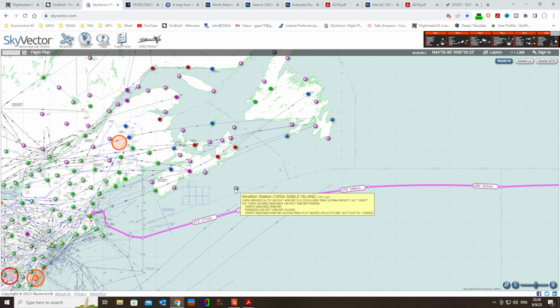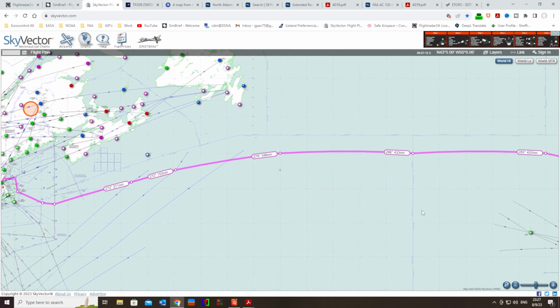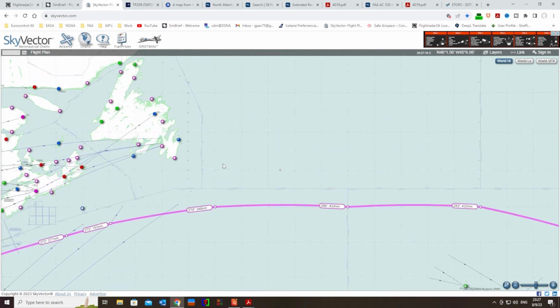Mist, overcast. It's not going to cut it for us. Hmm. We have to check our weather properly. We can go with that weather. However, we need to make sure that we have extra. Gander airport, it's full.